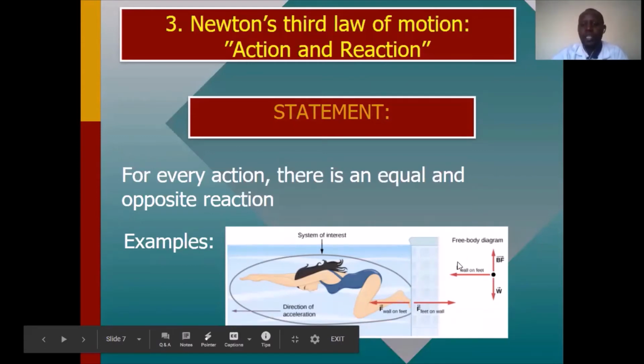Here we have a free body diagram where we have the force that the wall exerts on the feet, which is the one that will move the person, and it is equal to the force that the feet exert on the wall. That is action and reaction.